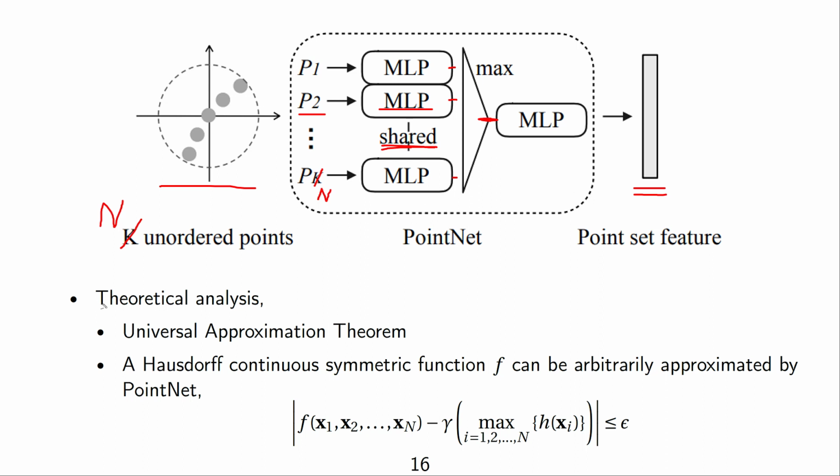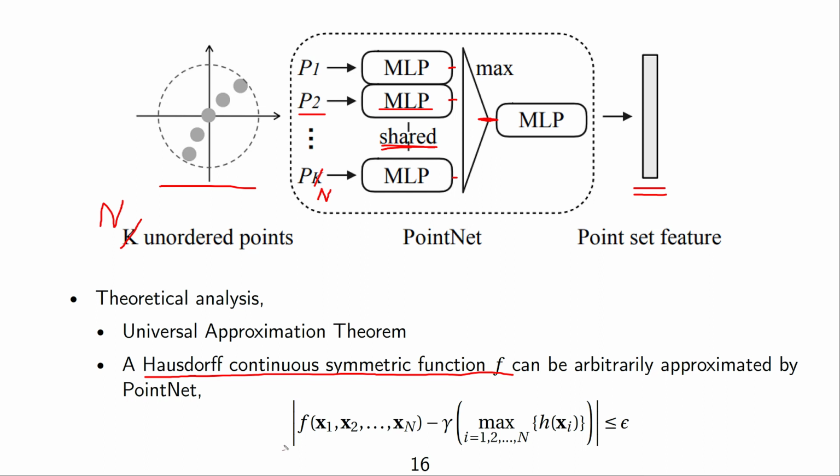The paper also offers some analysis of what this function f can actually represent. The idea of the analysis is to show that a function can be approximated arbitrarily well. There are always some conditions, so the authors say that a Hausdorff continuous symmetric function f can be approximated arbitrarily well by PointNet.